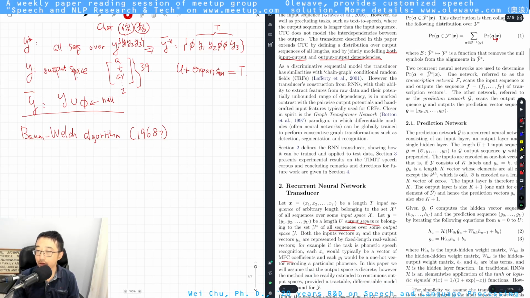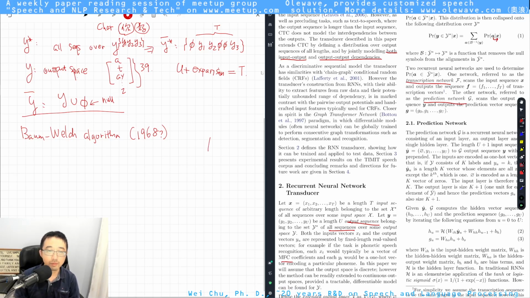But Dr. Graves would explain the forward algorithm in the next section. In this section, he introduced two networks. I think a lot of tutorials make a mistake here, or don't explain the details.